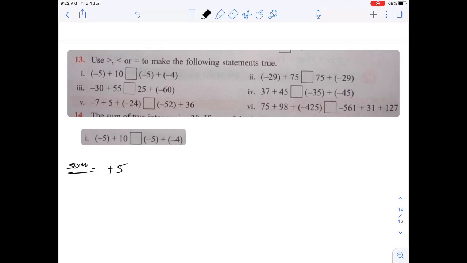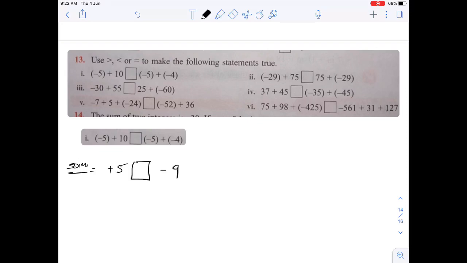Now keep this box as it is. Now come to the RHS side, that is this one. Now both the numbers are having same sign, so when same signs are there, we do addition of numbers. So 5 plus 4, that is 9, and sign is minus.